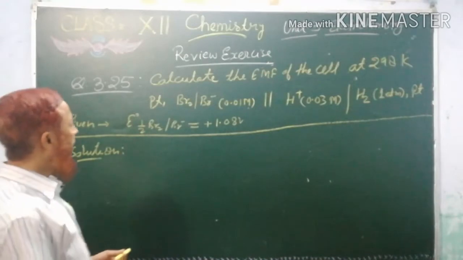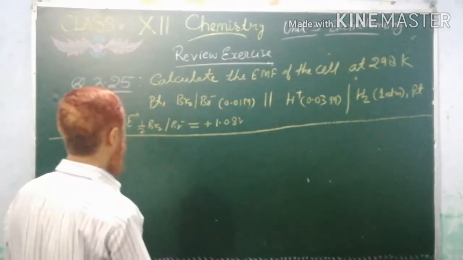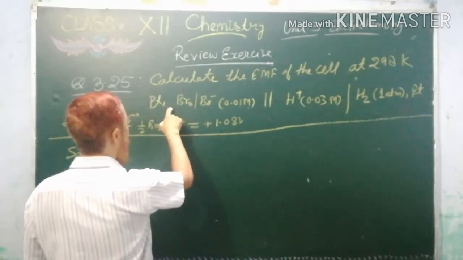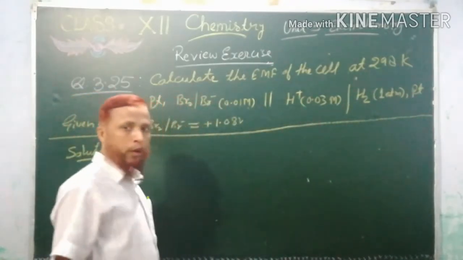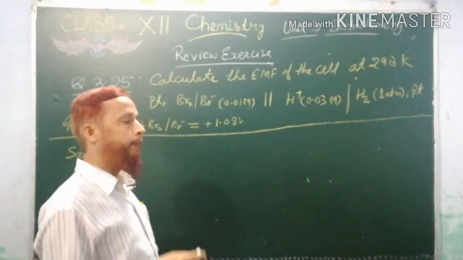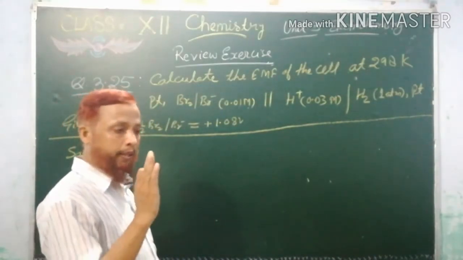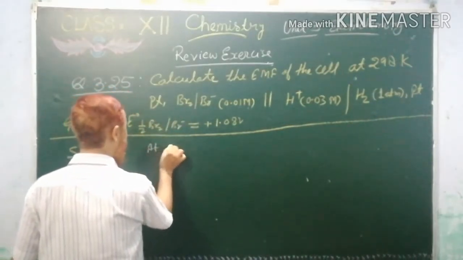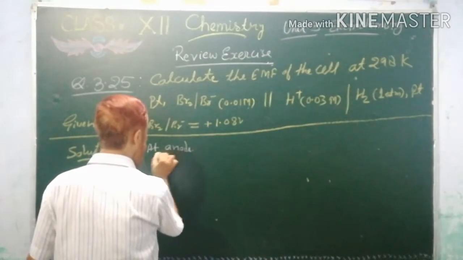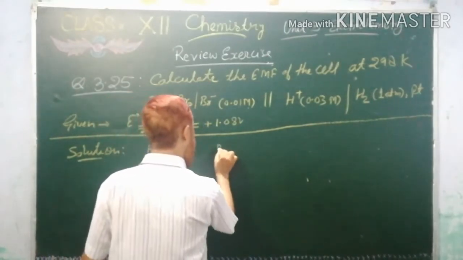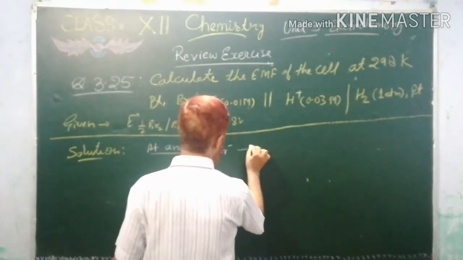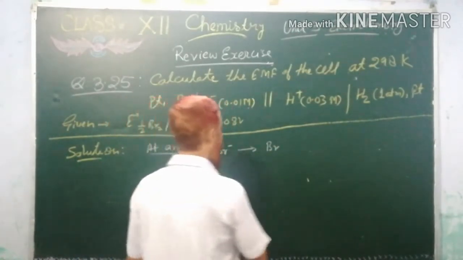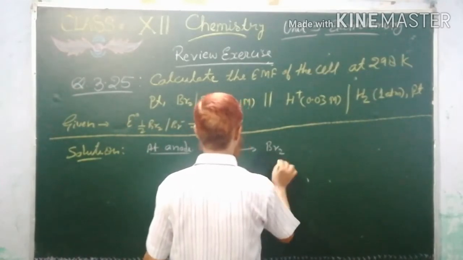First thing, we will write the cell reaction. According to this, this is the anode and that is the cathode. So at anode oxidation will take place, meaning there will be loss of electrons. At anode, 2 bromide ions will lose electrons and change into bromine gas.